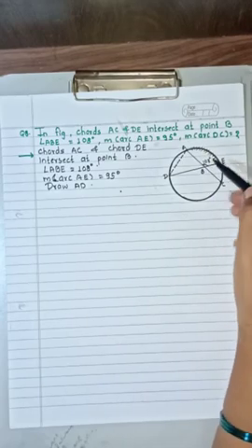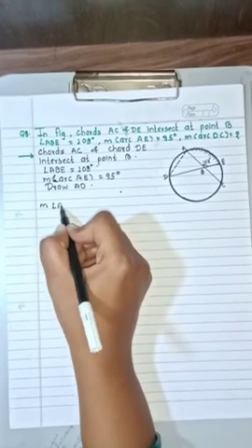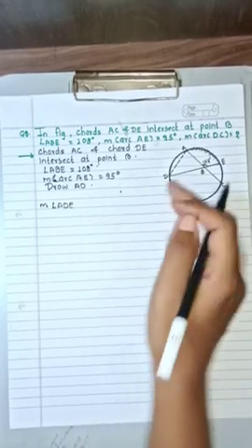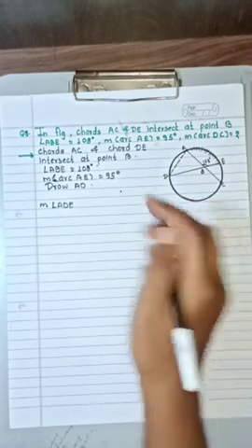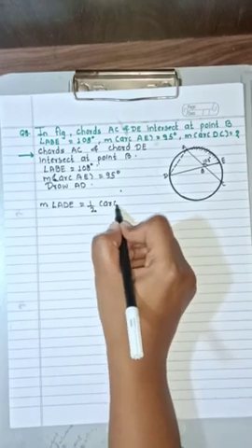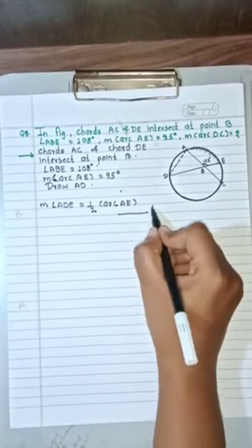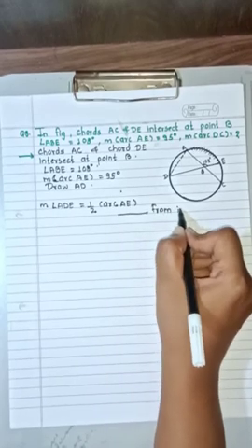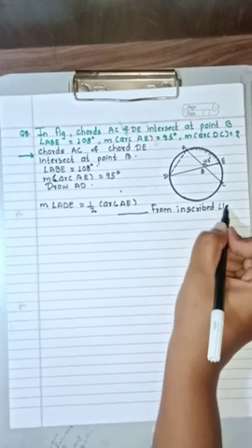Now if you see, children, this angle ADE is half of arc AE. So you can write down here, measurement of angle ADE is equal to half of arc AE. Now you can write down here from the inscribed angle theorem.